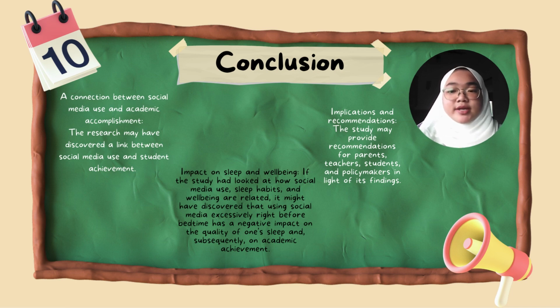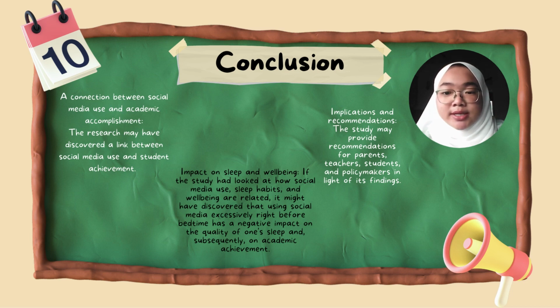The first one is a connection between social media use and academic accomplishment. The research may have discovered a link between social media use and student achievement. The second one is impact on sleep and well-being.